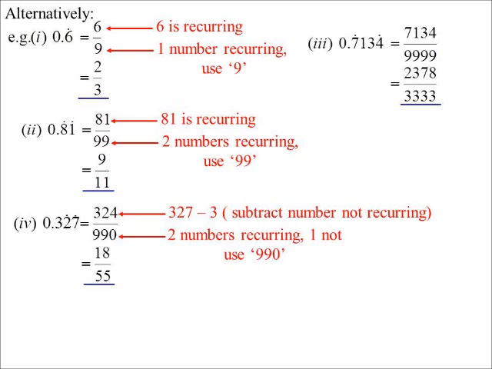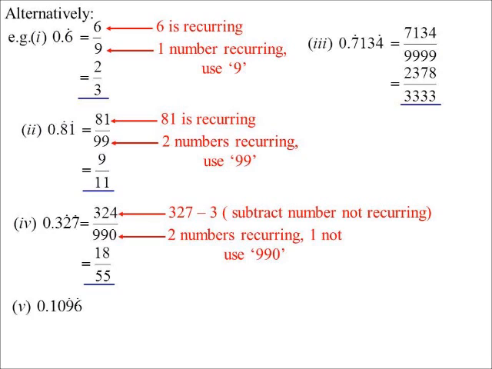On the bottom, I put 990. Why? 2 numbers are repeating, so I put down 2 9s. One number is not repeating, so I put down 1 0. Now, it would be stupid to put the 0 at the front of the number, because that would be meaningless. So obviously, it goes at the end of the number. 2 9s, 1 0, 990. There's our number. Okay, 18 on 55.